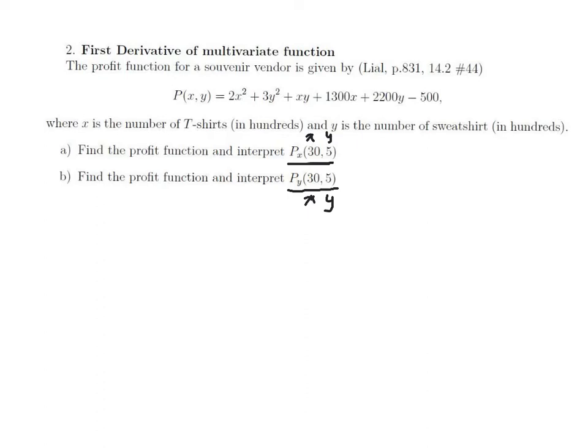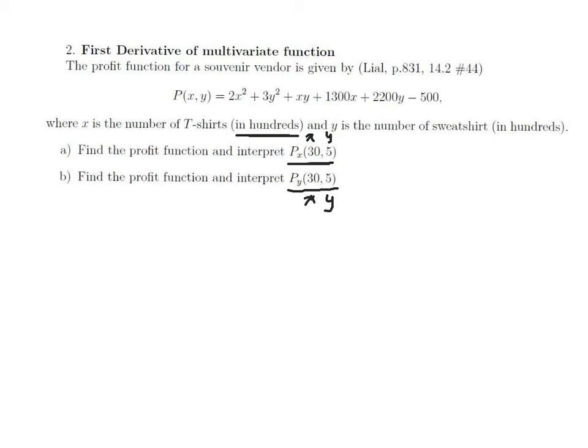So we can assume then in this P sub x that we're going to be changing x by 100 t-shirts, or in this case 300 or 3,000, but we're going to keep the number of sweatshirts constant. And how is our profit going to change?